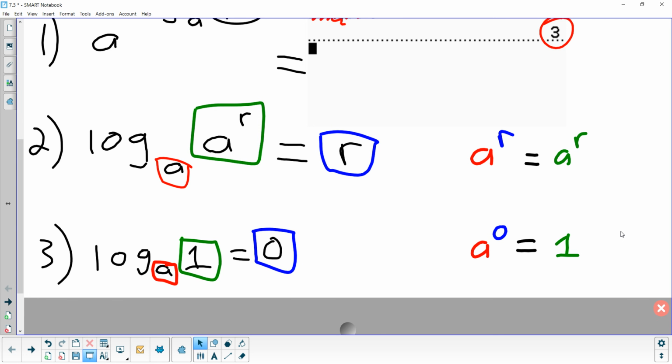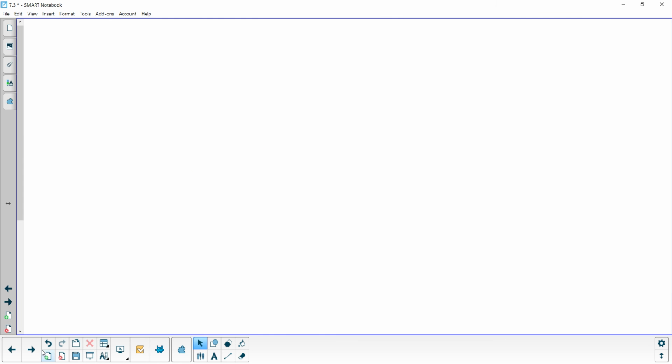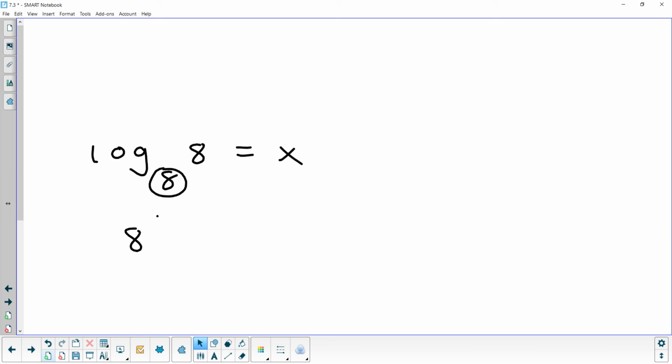In Rule 4, you're going to recognize that one from the homework. I think there was a problem in the homework that said log base 8 of 8, and we had to figure out what it was. The way we figured it out in the homework, we said, well, we don't know what it's going to equal, so we'll just set it equal to x. 8 is my base, x is my exponent, and the 8 ends up on the other side.